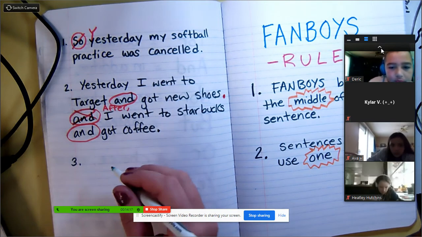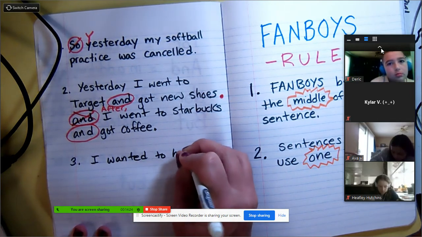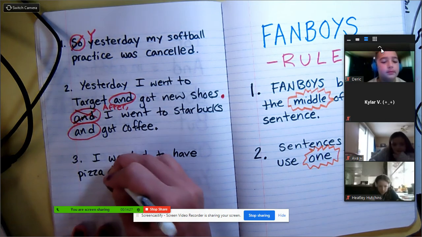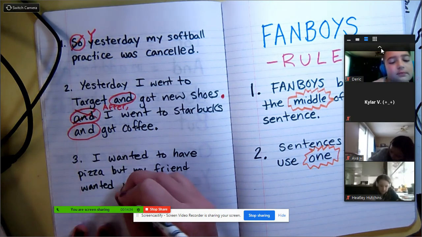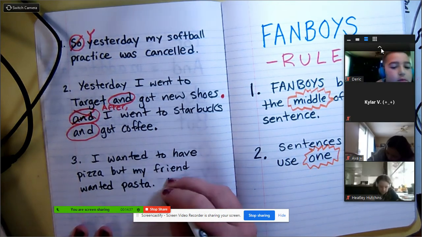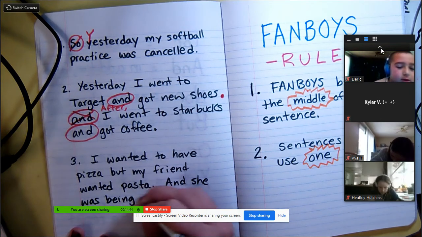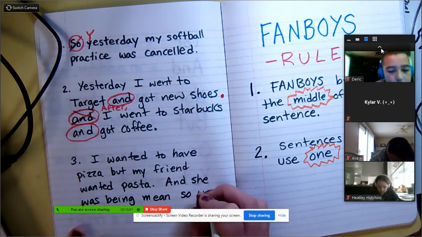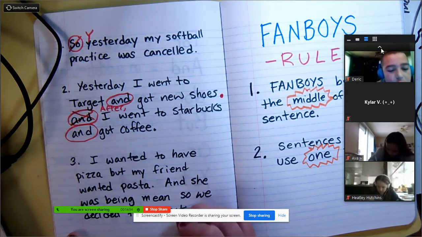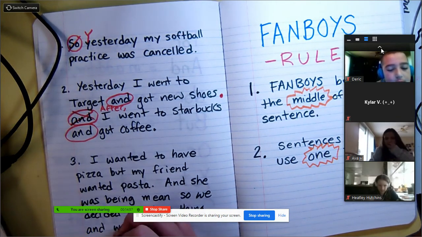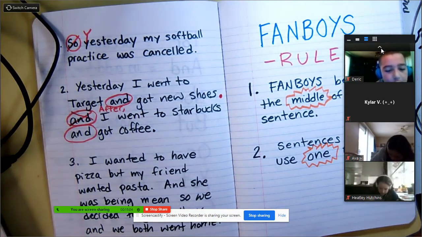So this third example is, all right, there's my long sentence.